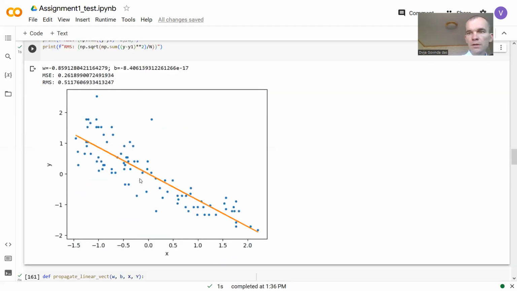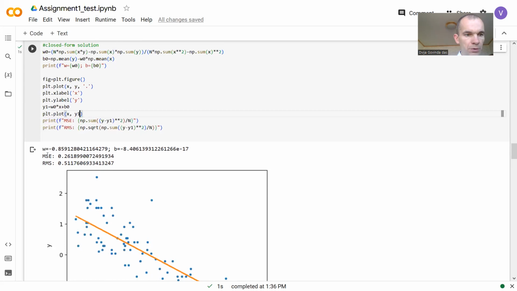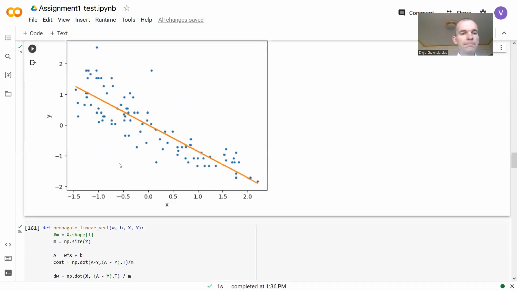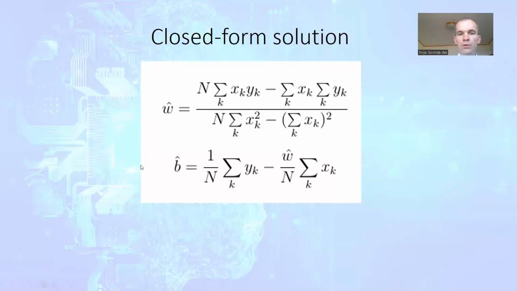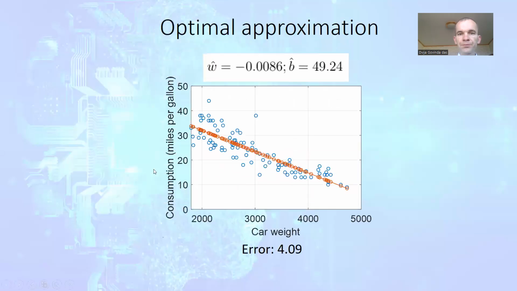Yes, this is the optimal line. We can see the corresponding mean square error and RMS, root mean square.